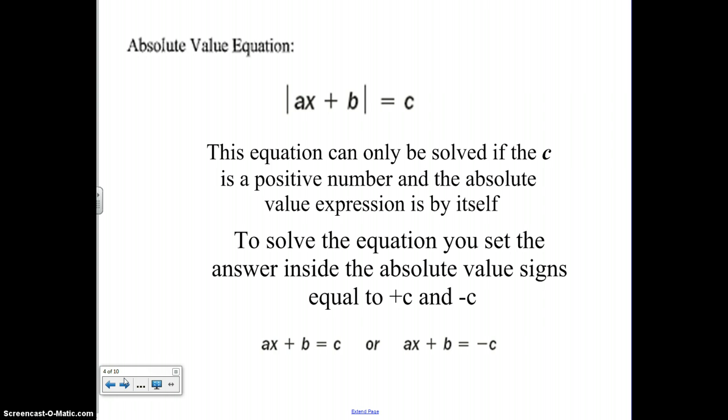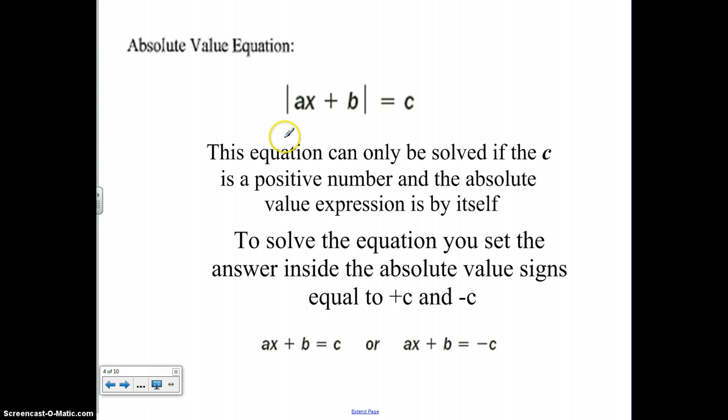So we want to look at absolute value equations and try to solve them. I know that we have a basic setup for absolute value equations, like the absolute value of something in front of x plus b will equal c. So here's a key thing. This equation can only be solved if the value c is a positive number and the absolute value expression is by itself.